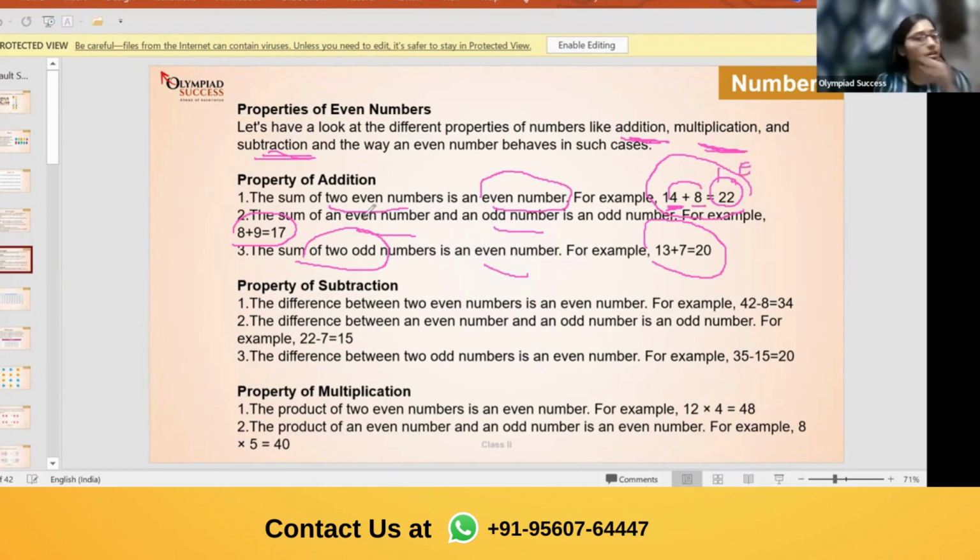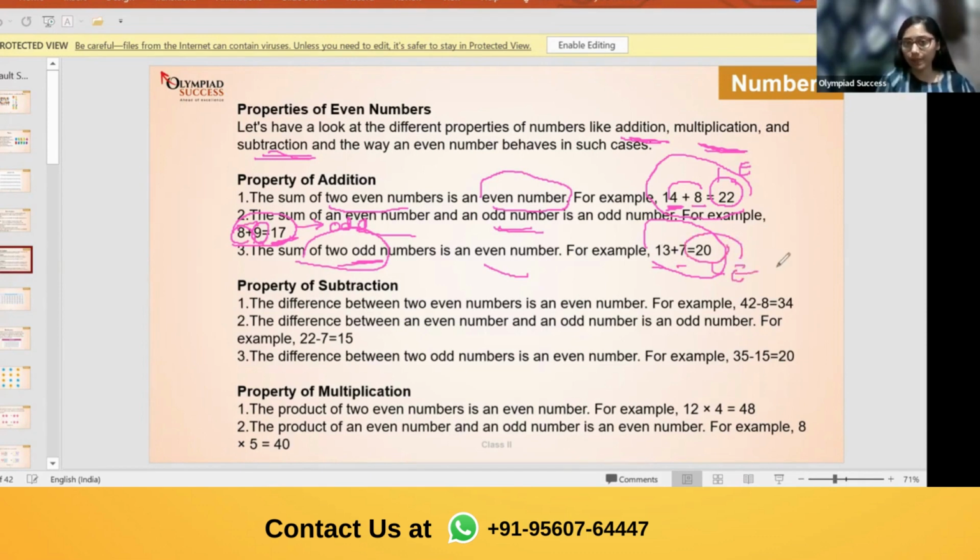If we add an even number and an odd number, like 8 is even and 9 is odd, when we add both of them, we will get an odd number. And the sum of two odd numbers, for example, 13 and 7, both are odd. When we add them, we will get an even number.